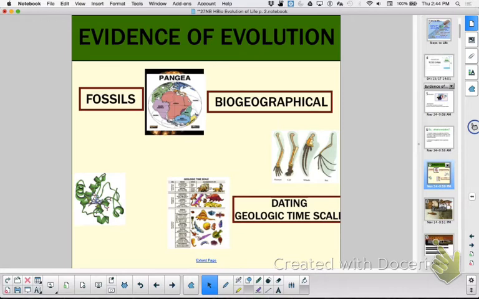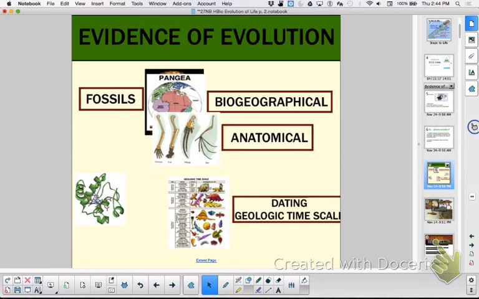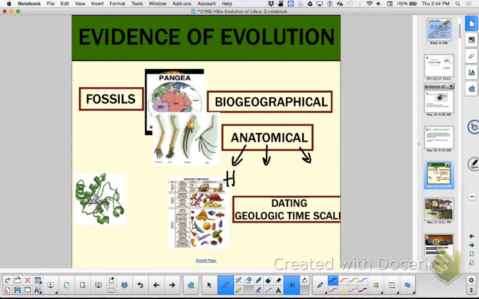And then this one right here is what? Anatomical. Now from anatomical, we had 3 pieces of evidence. Do you remember what the 3 pieces were? Homologous structures. What else? Vestigial structures and embryological. Okay?